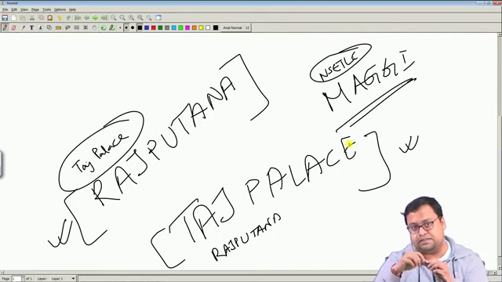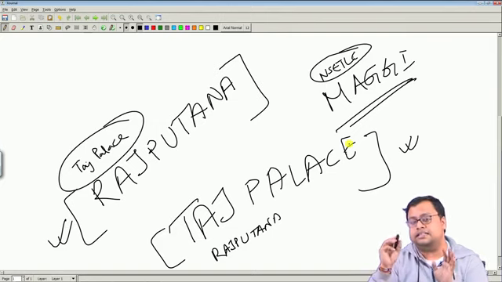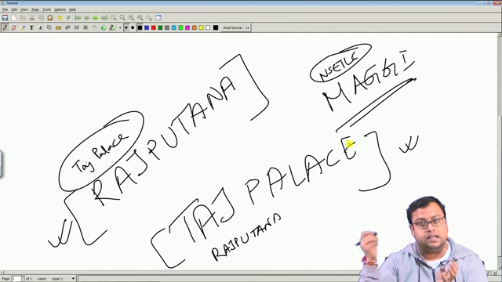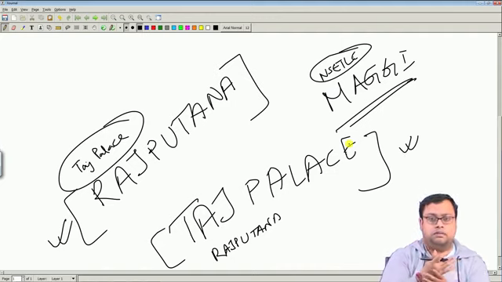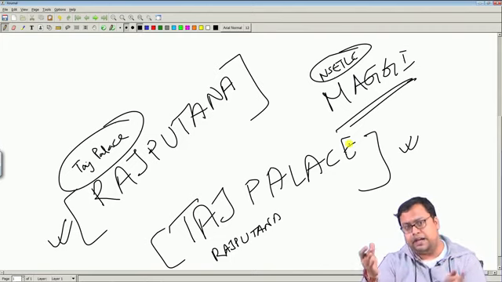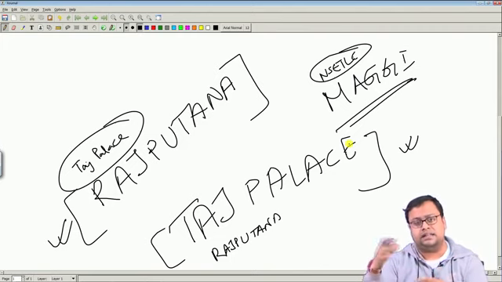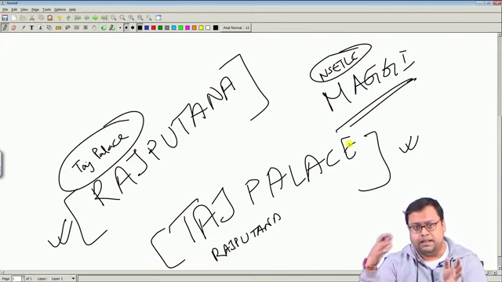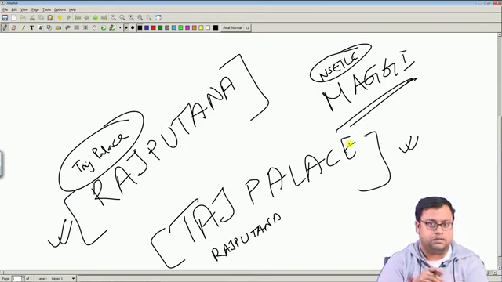In Udaipur, I will expect a palace. If I by chance have had the experience of a Taj Palace somewhere else, and whatever experience I got there, let us say a beautiful room, the king-like bed, king-like services, and king-like food, similar things I will expect in Rajputana.